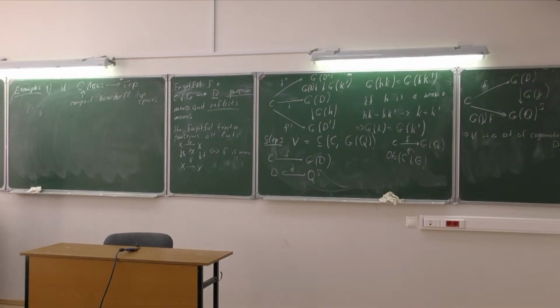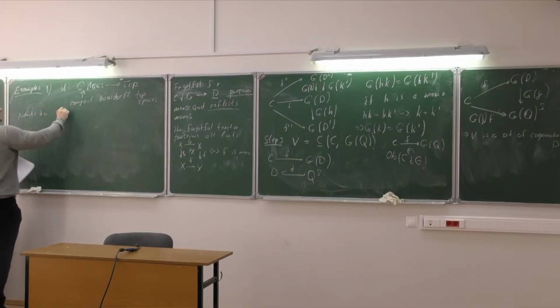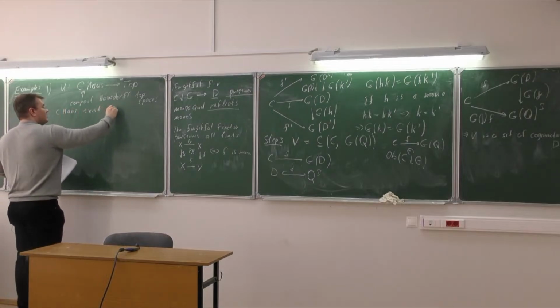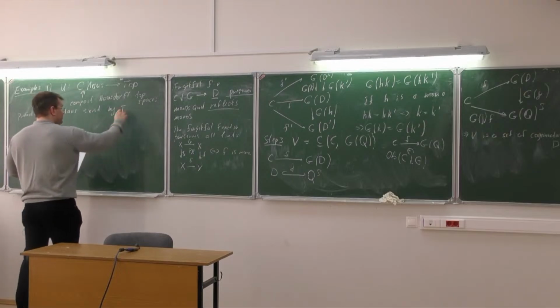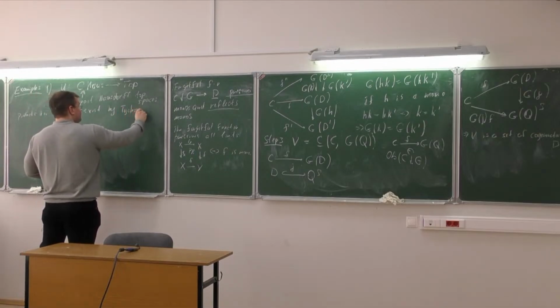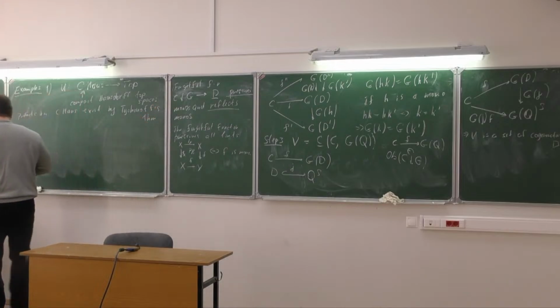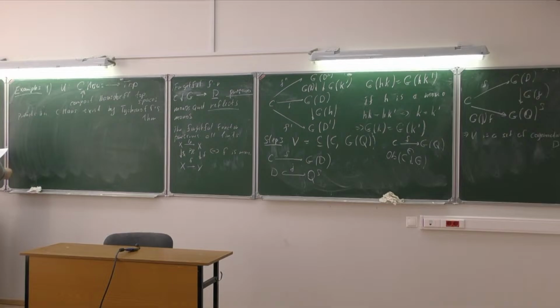So let me maybe write this. The products in the compact Hausdorff spaces exist by Tychonoff's theorem. Now if you look at the equalizer, we take the equalizer for any two maps.